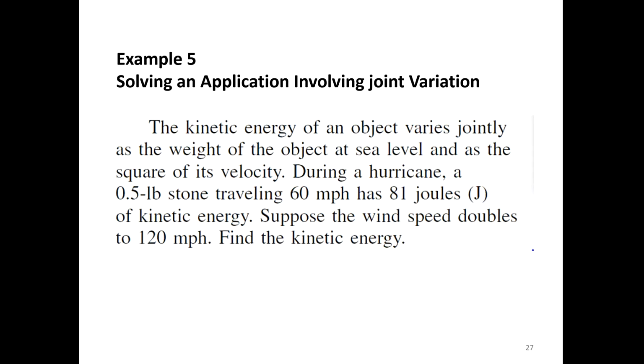Another application is about joint variation. Joint variation means we have the constant K with one variable multiplied by another variable. The kinetic energy of an object varies jointly with the weight of the object at sea level and the square of the velocity, V squared.